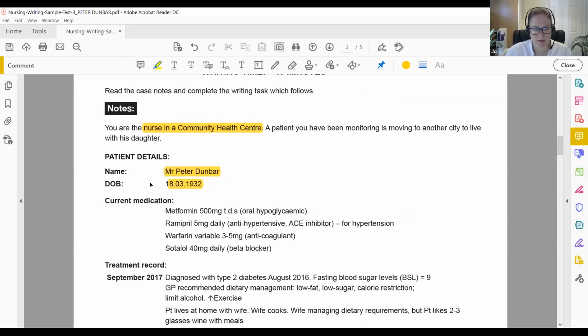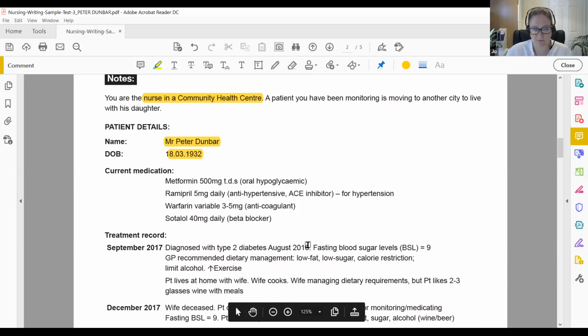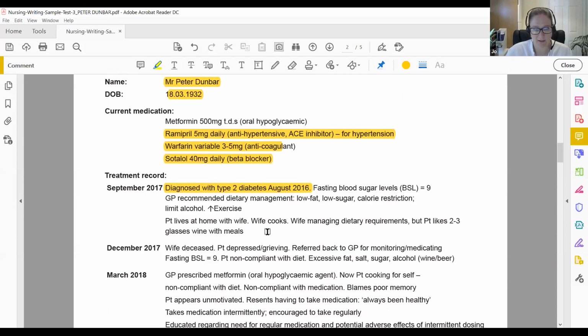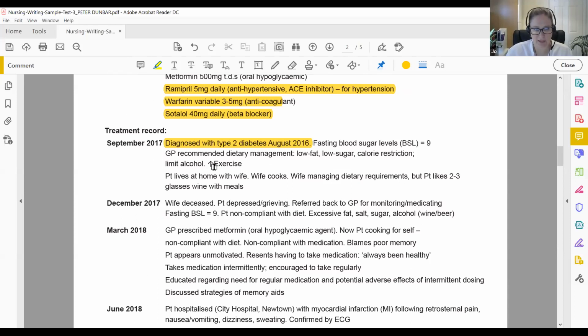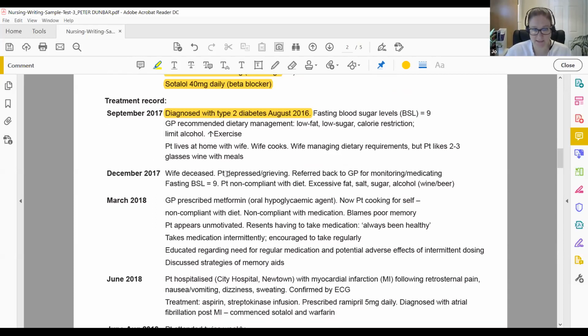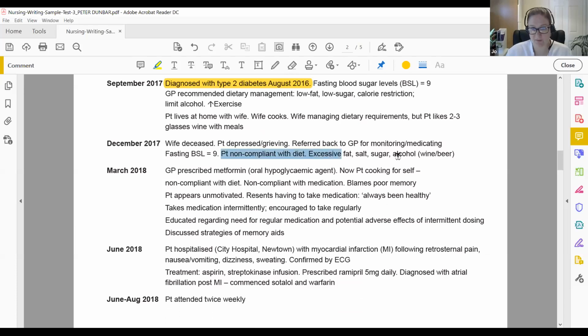So we've got current medications. He's got metformin, which is for his diabetes, which he's had since 2016. And then he's also got these other medications as well. So we've got a history here. His dietary requirements were managed by his wife. Unfortunately, she died. He's non-compliant with his diet, as we can see here.